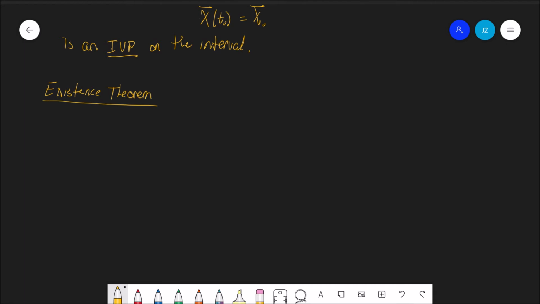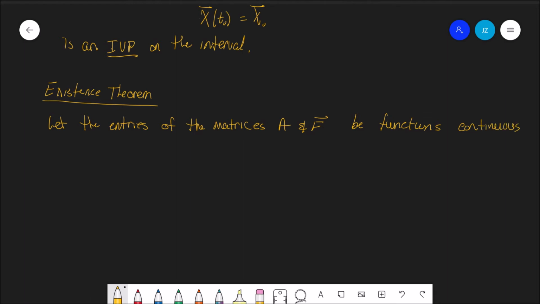The existence theorem states, let the entries of the matrices A and F be functions continuous on a common interval that contains the point t0.